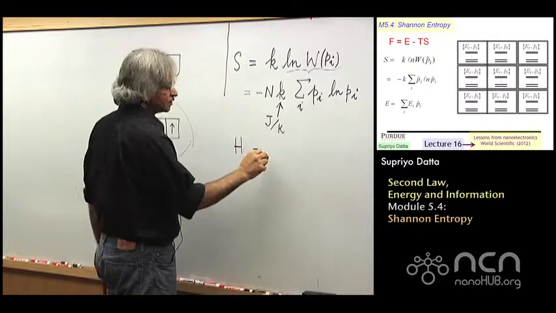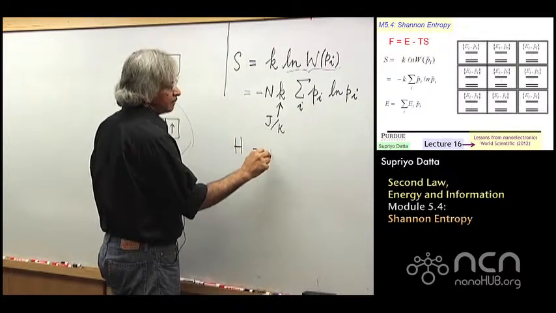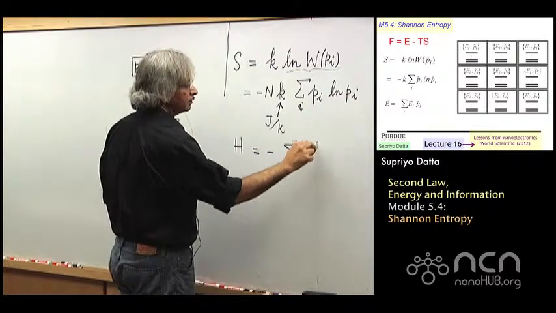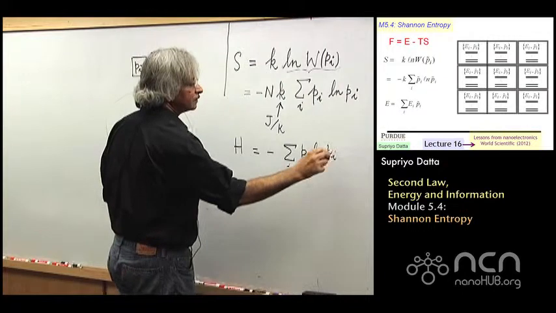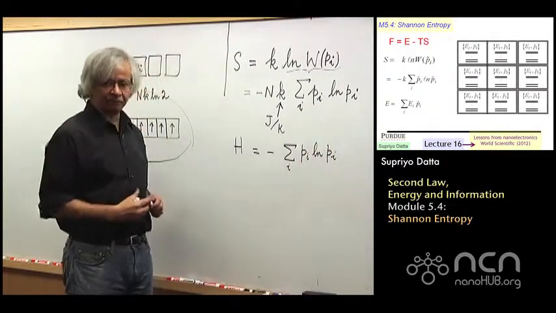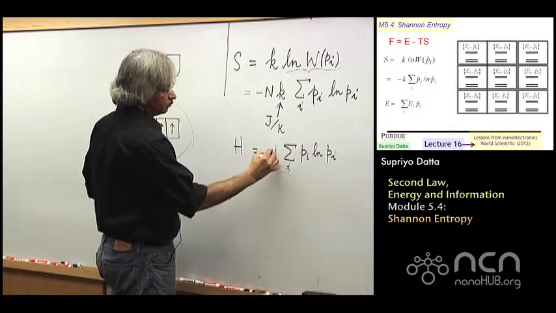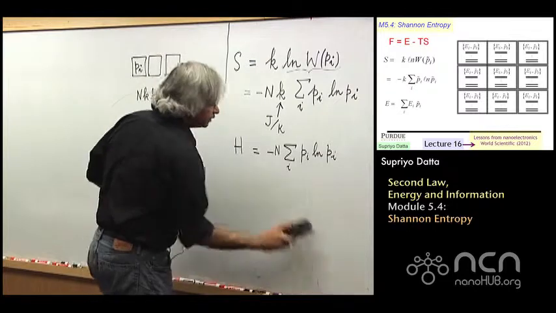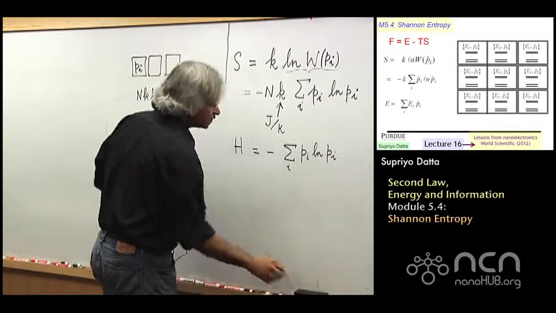It is this Shannon's entropy. That would be minus sum over i of p_i log p_i. Here you are thinking of n bits of information, and then you put the n there. If you had n bits of information, the amount of information would be that much.